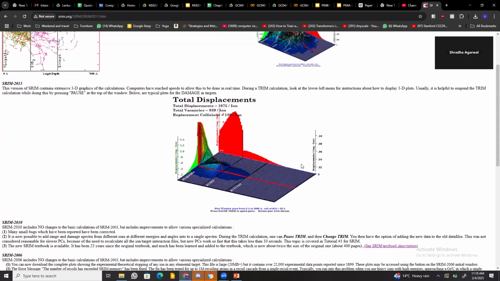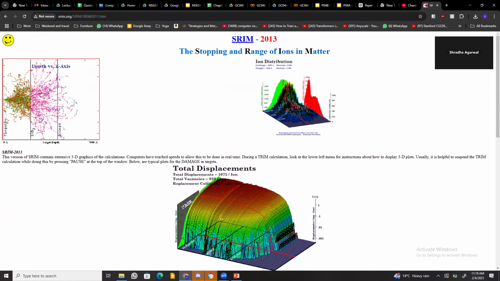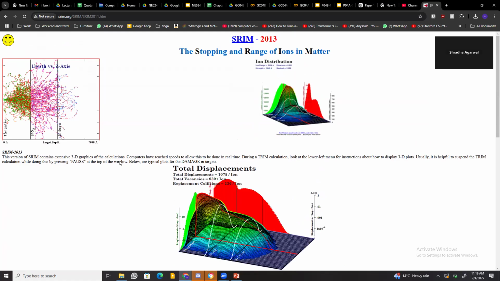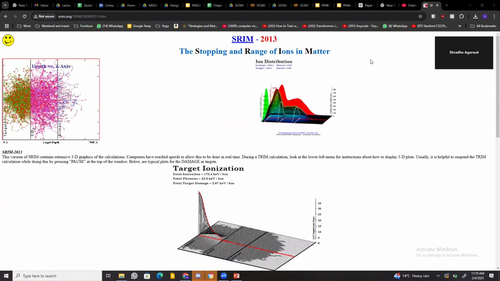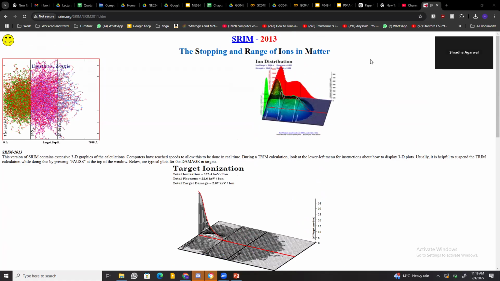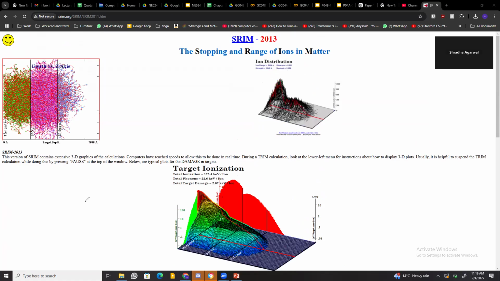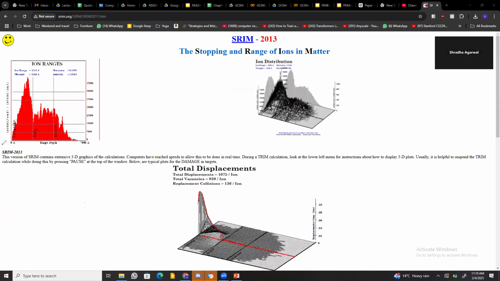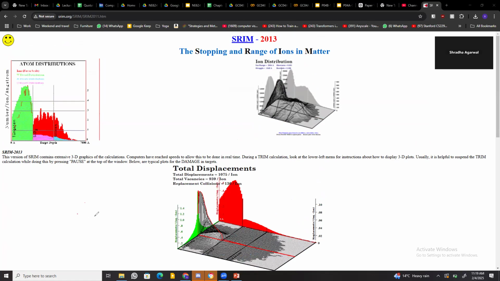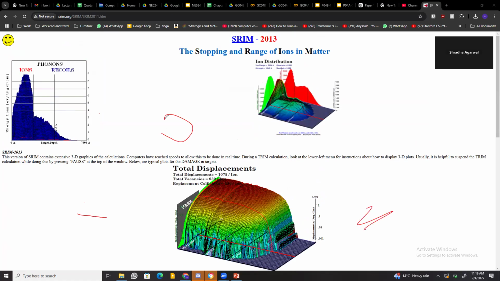So what is happening here is, this is the kind of plot where you go inside the material. So right now, this is going inside the material here. I can annotate. Okay, so this is going inside the material. You see here, this is how it looks.